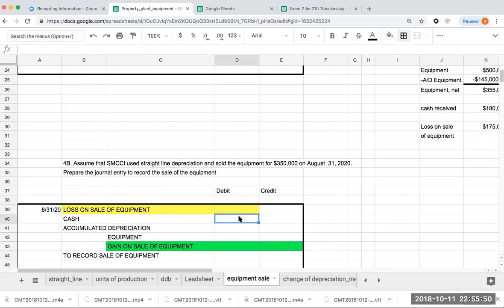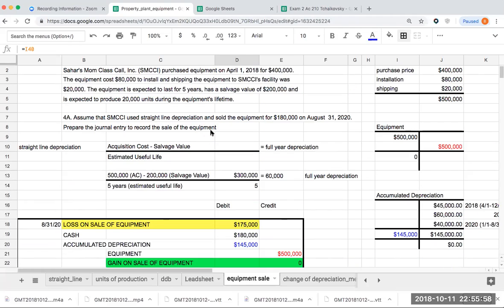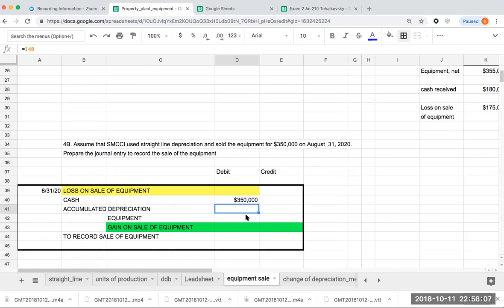So for here, my cash is now going to be $350,000. My accumulated depreciation doesn't change because I'm doing this as of the same sale date. So my calculation here for the accumulated depreciation does not change. This here is going to be $145,000, right?